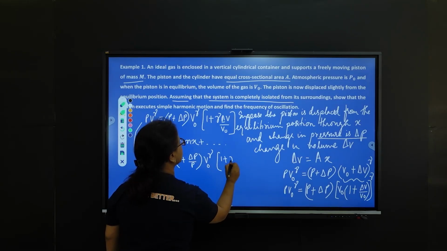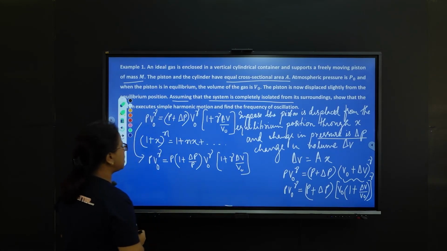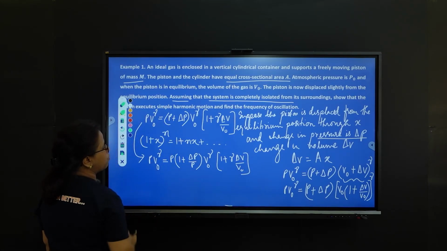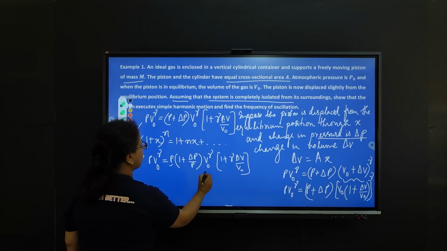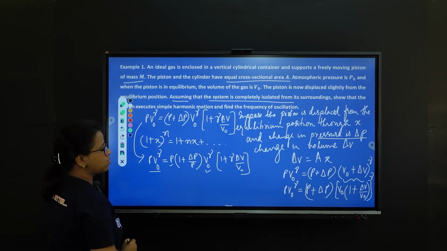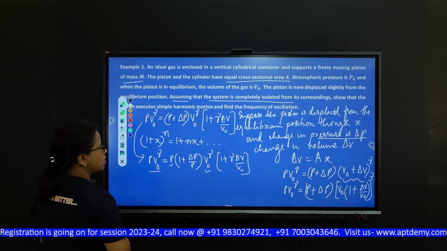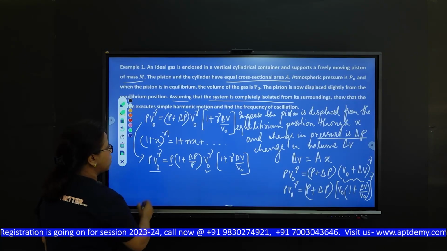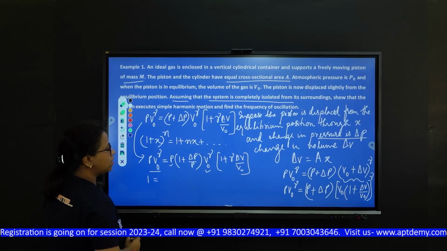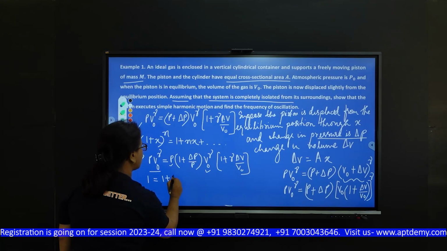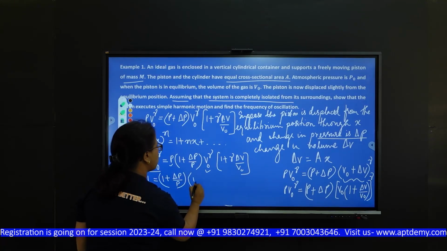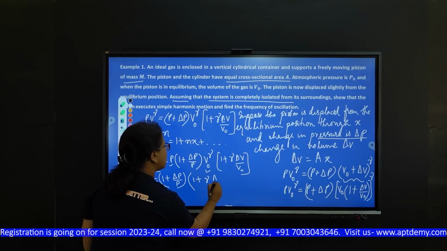This is 1 plus gamma delta V by V naught. So you can see that P V naught to the power gamma gets cancelled out on both sides. Let's continue with that. We have 1 here, and this will be equal to (1 plus delta P by P) times (1 plus gamma delta V by V naught).